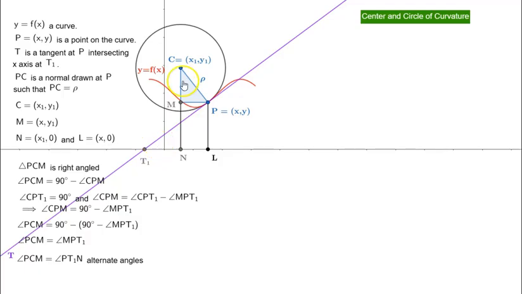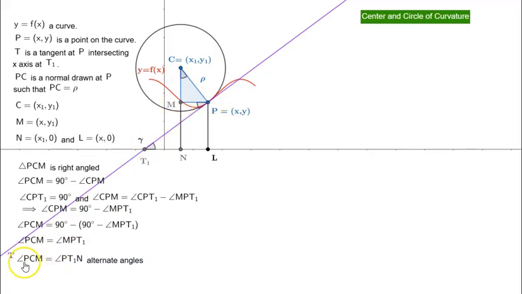Now, angle PCM is equal to PT1N. How did that come about? Now you see MP is parallel to T1L, and this tangent is the transversal through these two parallel lines. That means this angle and this angle are equal, but this angle MPT1 is equal to PCM.